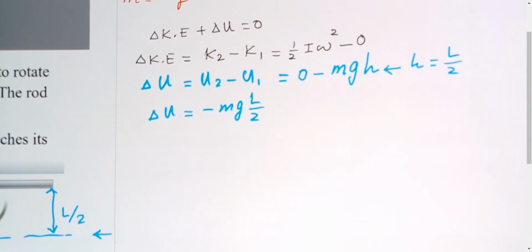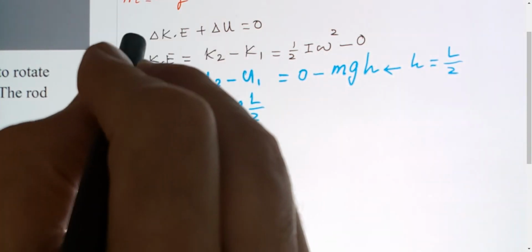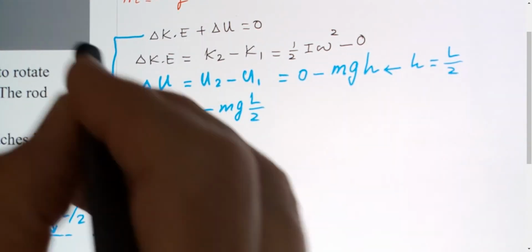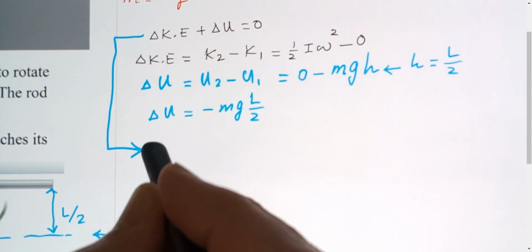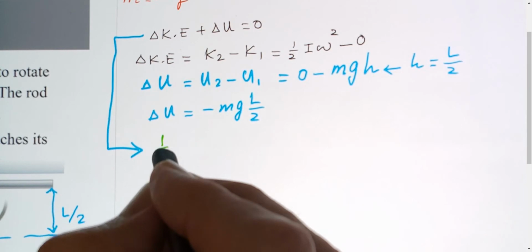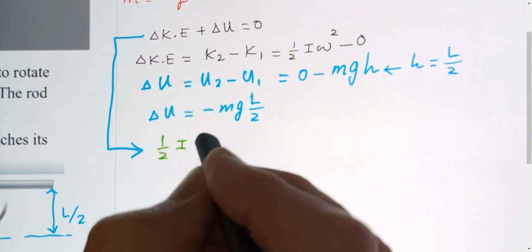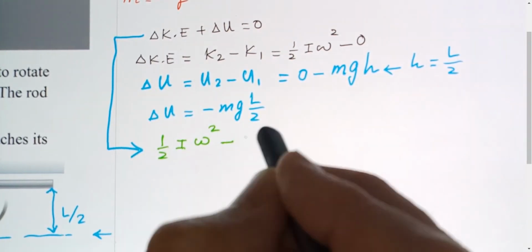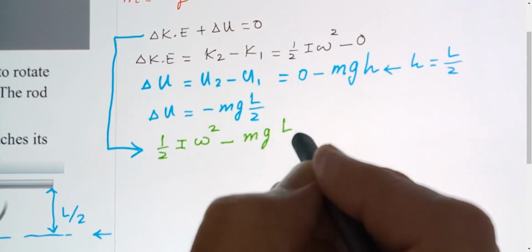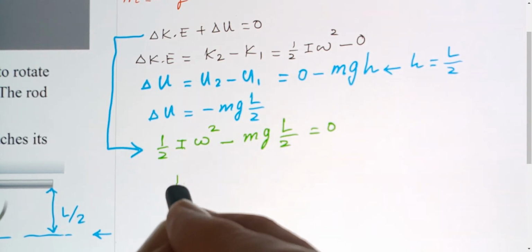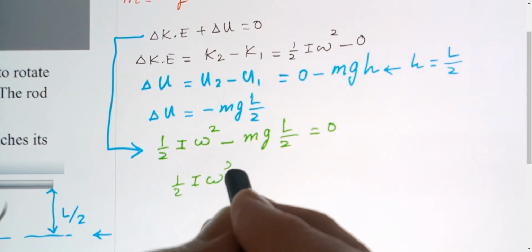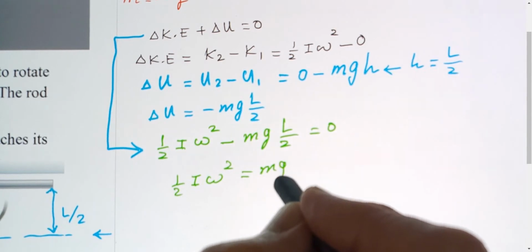Okay, let's write this equation now. This equation states that half I omega squared minus mg L over 2 must equal 0. So we end up with half I omega squared equal to mg L over 2.